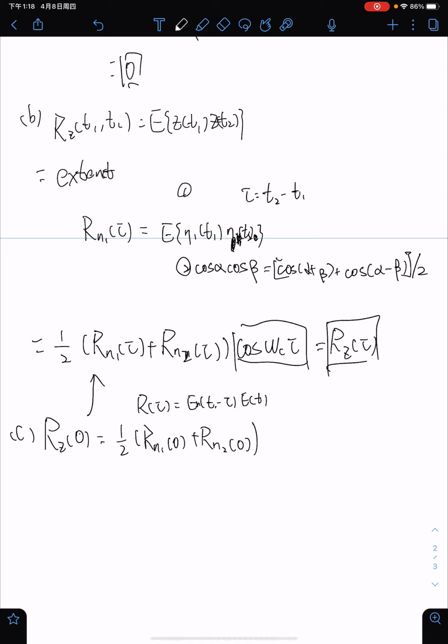Oh, sorry, n sub 2. So we can write it this way. Because tau is 0, here we get n sub 1 squared. So this is the result.